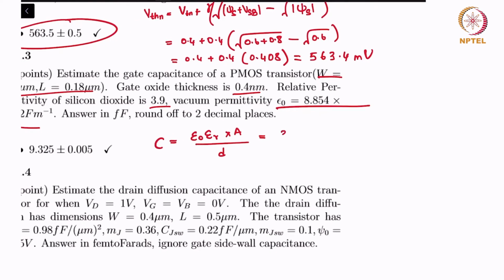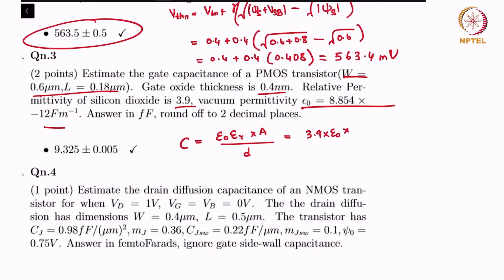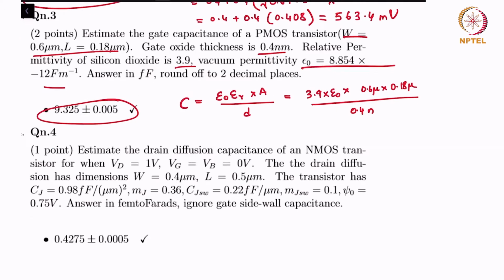This is simply 3.9 into epsilon naught into the plate area, W into L, so that's 0.6 micro into 0.18 micro, divided by the thickness, which is 0.4 nano. Doing this, you will find that the capacitance in femtofarad is within that range.